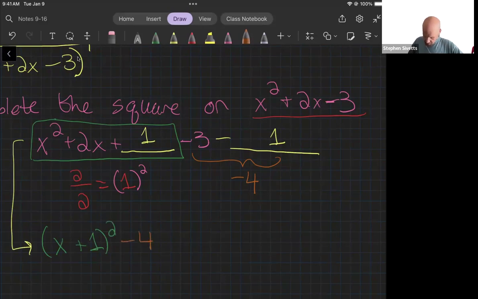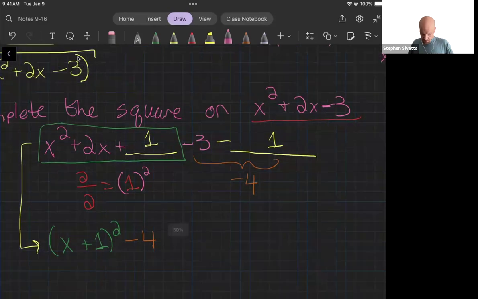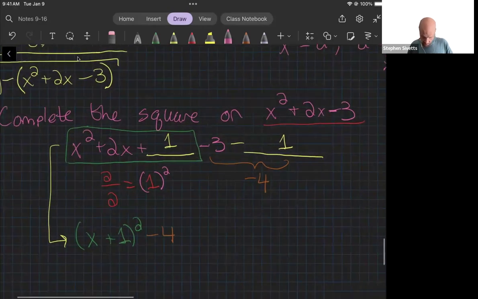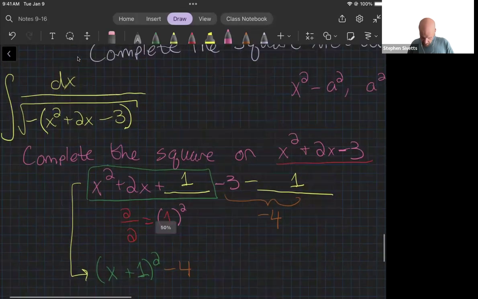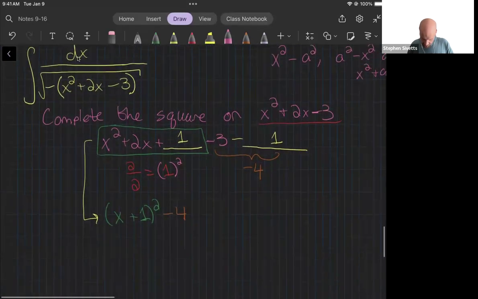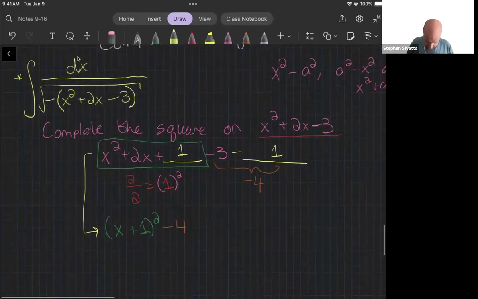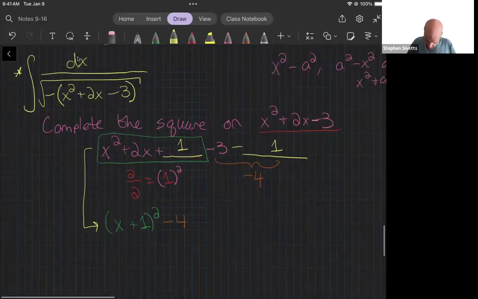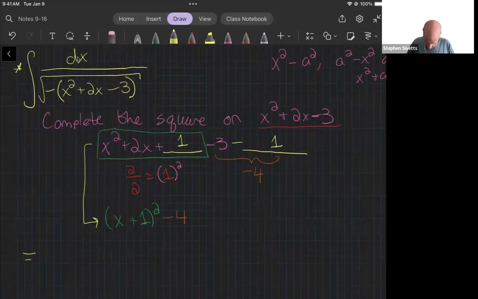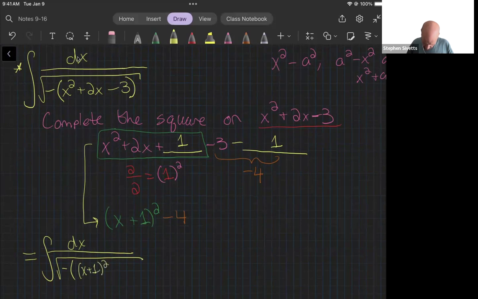That's another way to write out x squared plus 2x minus 3. And then we're going to replace this integral right here, so this equals the integral of dx divided by the square root of minus x plus 1 squared minus 4.